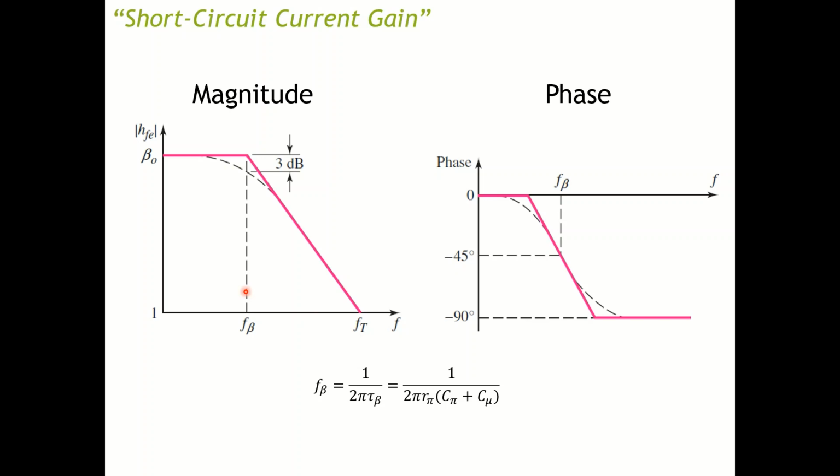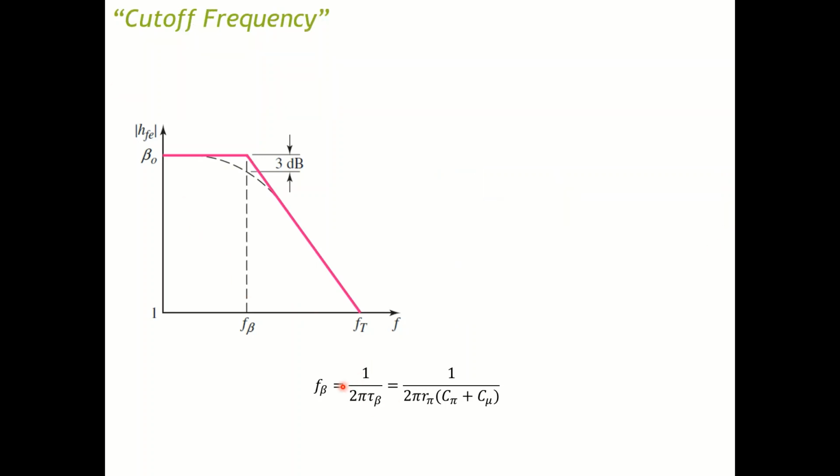At a very high frequency, in the far end of the frequency spectrum in the phase plot, the collector current will be lagging the input current by 90 degrees. So this beta corner frequency is also called the beta cutoff frequency.